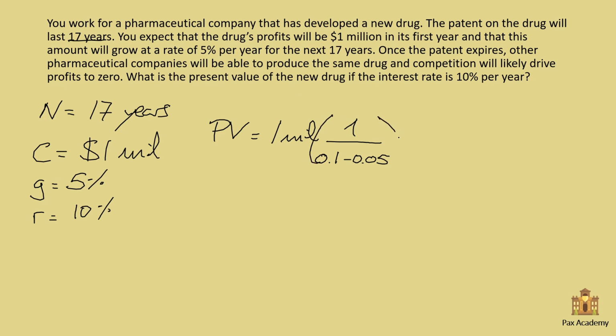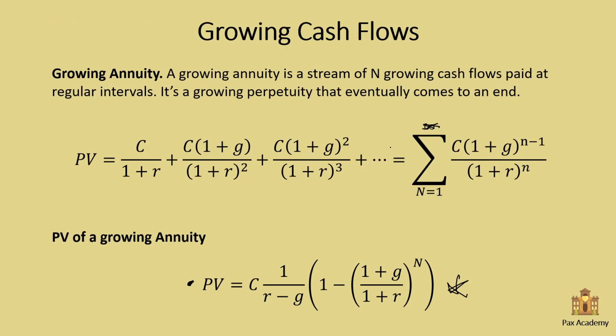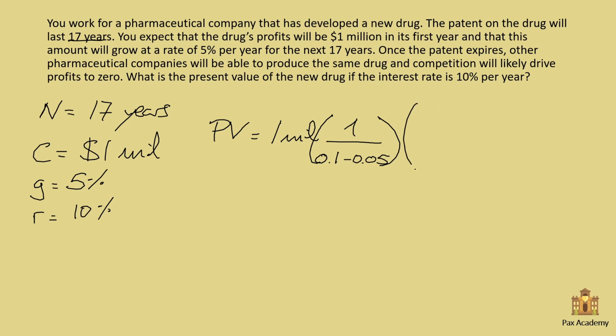We can put that in brackets. Times, we open brackets, 1 minus, and then we said 1 plus the growth rate. So 1.05 over 1 plus the interest rate, 1.1, to the power of n amount of years, which in this case is 17, and we close brackets.